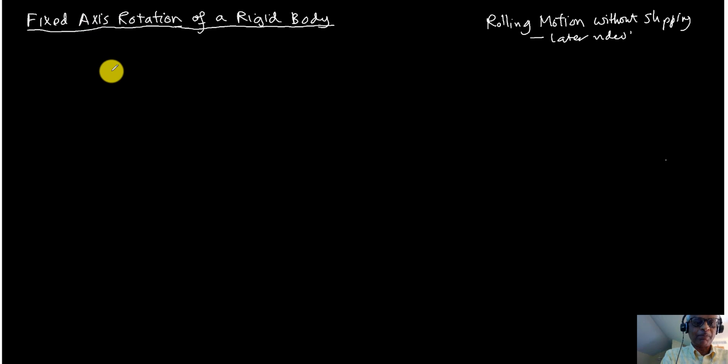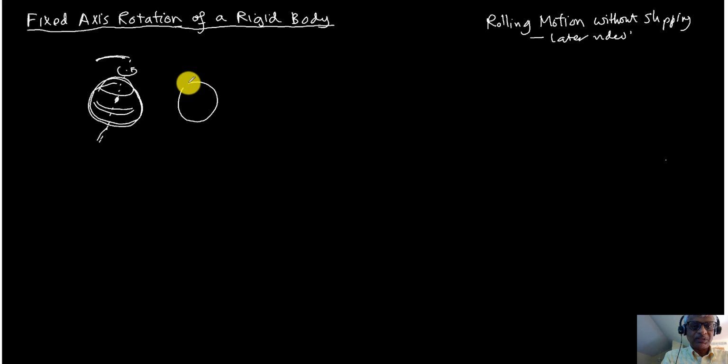So this is a pure rotation. You can have a ball which rotates about this axis, which is fixed. The axis is not tilting or anything, it just remains fixed, and the ball is going around like that.